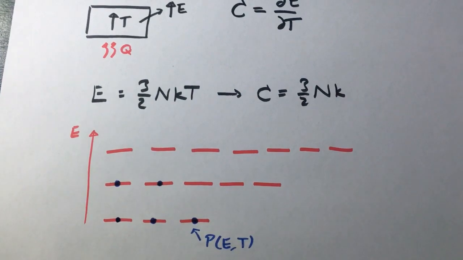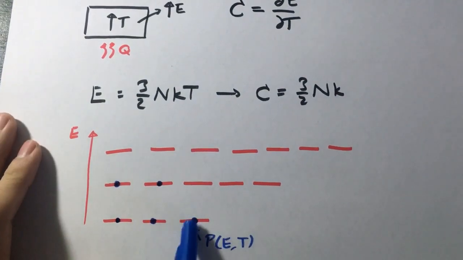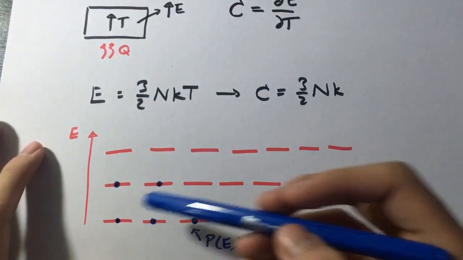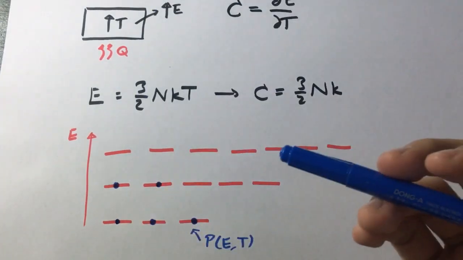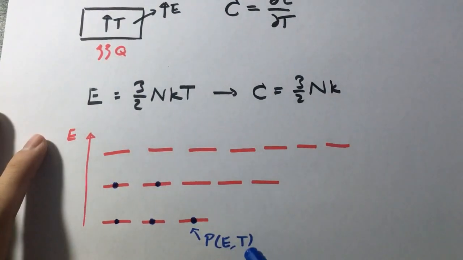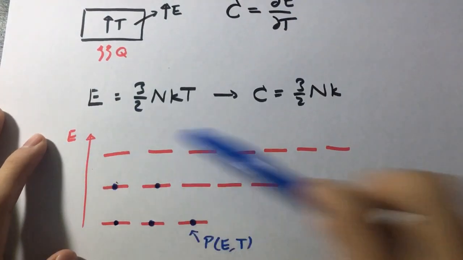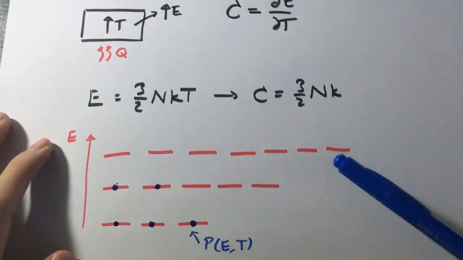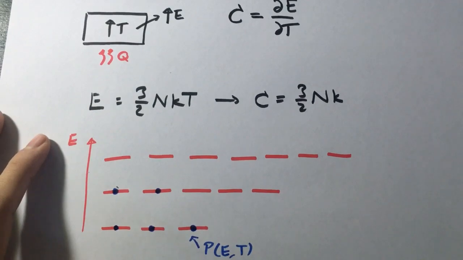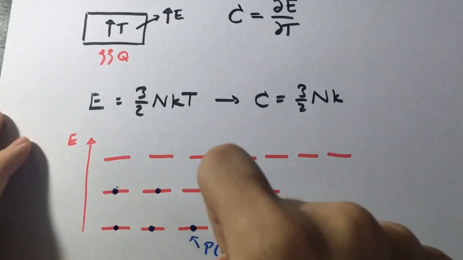So if the temperature is higher, maybe the particles might also want to occupy some of the higher states. If the temperature is 0, then it tries to occupy the lowest state possible, so you won't see any particles in these higher states. So the probability depends on the energy level and also the temperature, right?